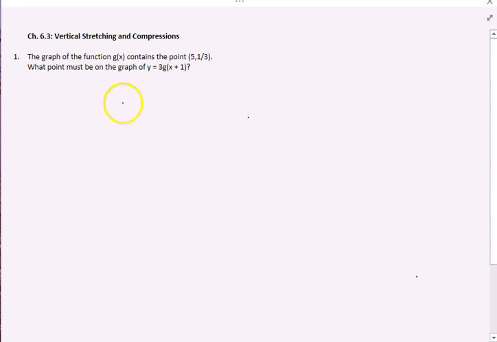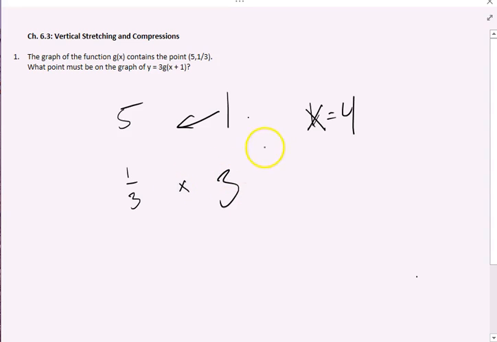So since I was at 5 and I'm now moving 1 unit to the left, I now have an x value of 4. Since my output was 1/3, it is now being multiplied times 3, and I'm going to get an output value of 1, because 3 times 1/3 is 1.